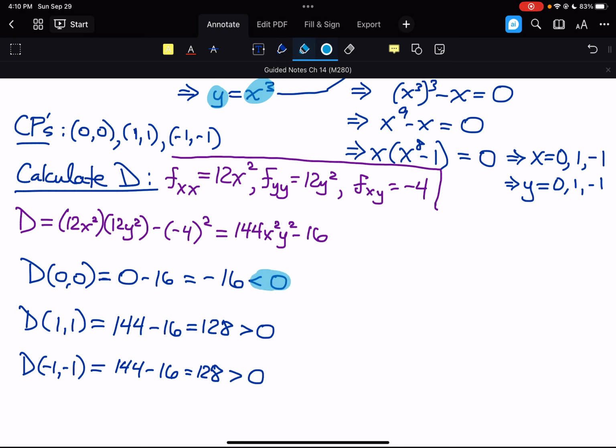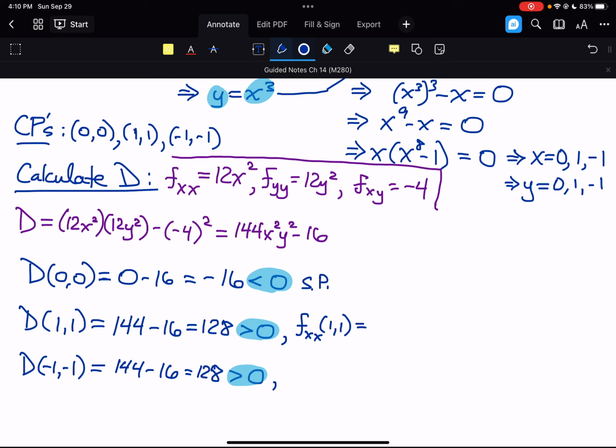So the results here, the fact that this is greater than 0 tells us it's a saddle point. To say greater than, I meant less than. The fact that this is negative tells us it's a saddle point. These two could be maxes or mins because the value is greater than 0. We need to further check and see which one. So we're also going to take fxx of 1, 1.